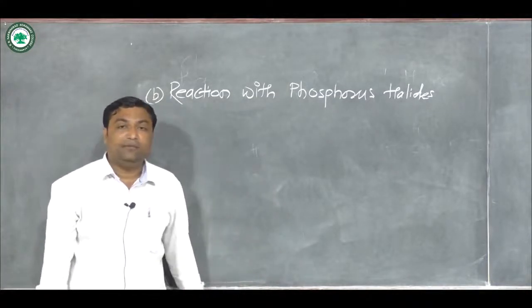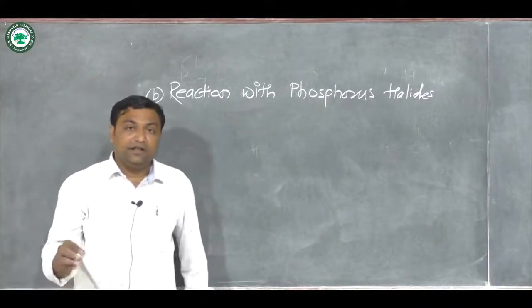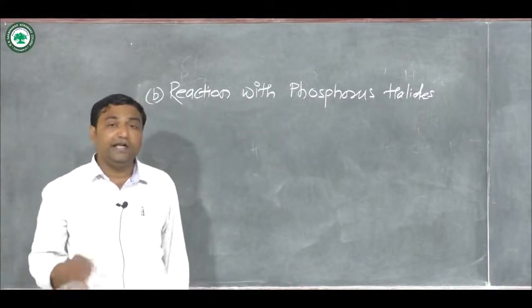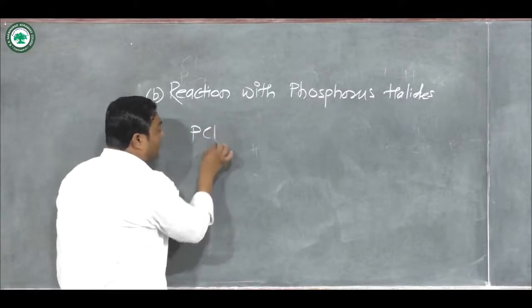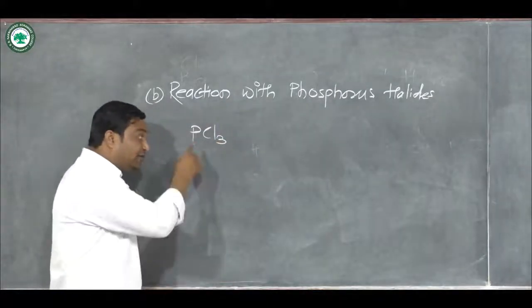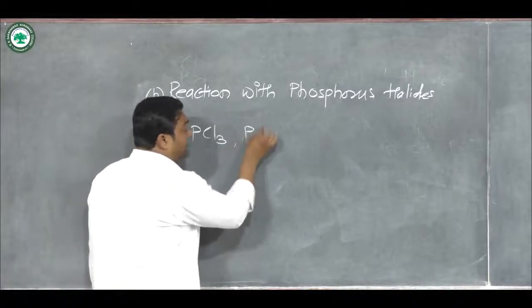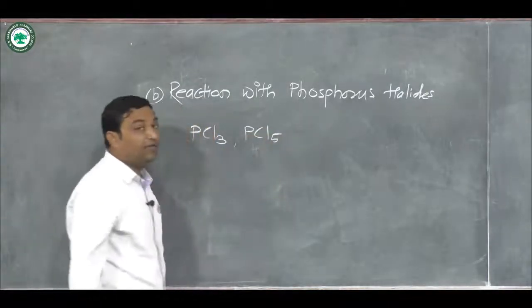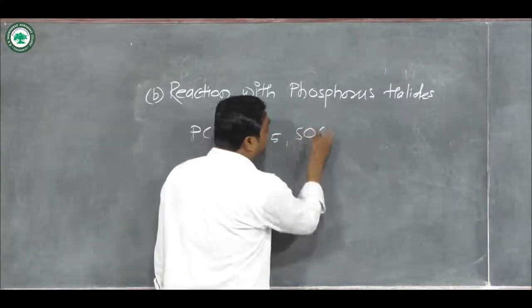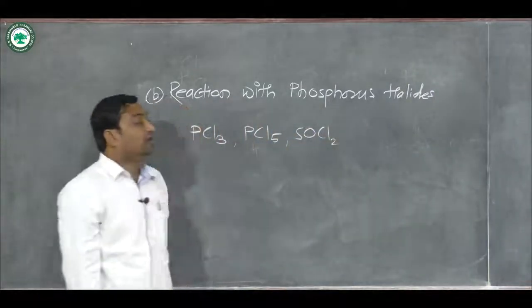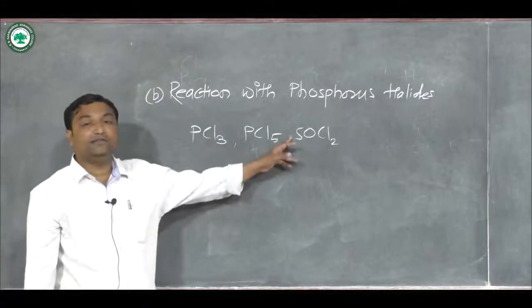Out of these, generally we use chlorinating agents such as phosphorus trichloride, that is PCl3, phosphorus pentachloride, that is PCl5, and thionyl chloride, that is SOCl2. These are the chlorinating agents.